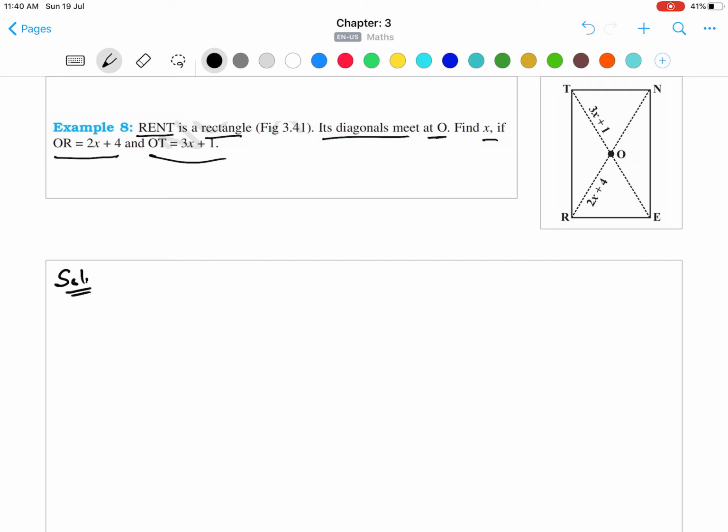It's again very simple, like I told in the properties of rectangle, that in rectangle diagonals are equal and they bisect each other. That means first we'll write in rectangle, name of the rectangle is RENT.